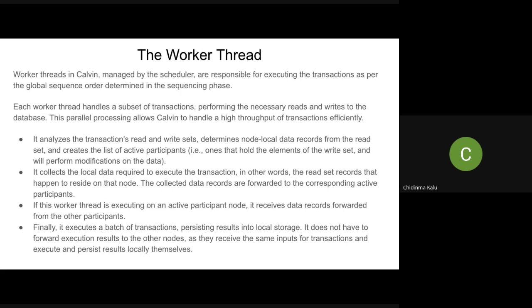And if the worker thread is executing on an active participant node, it receives data records forwarded from other participants. That's quite confusing, even though I wrote it. Finally, it executes a batch of transactions and persists records into local storage.